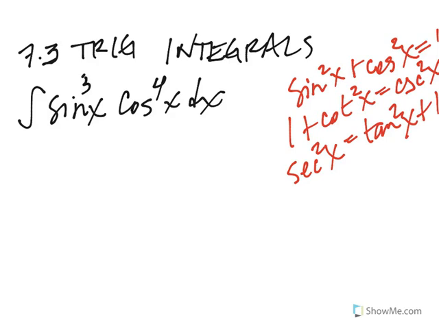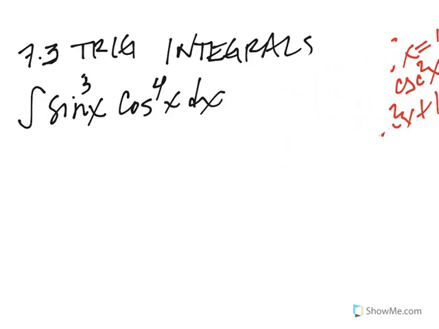All right, let's get rid of those. I would recommend that you focus on odd powers. Now, if you look at this problem here, if I let u be the sine, I get the cosine, one of them, not four of them. And if I let u be cosine, I get negative sine, not three of them.